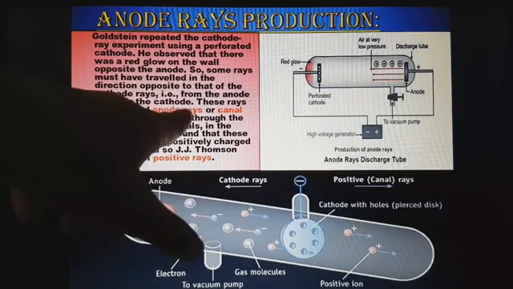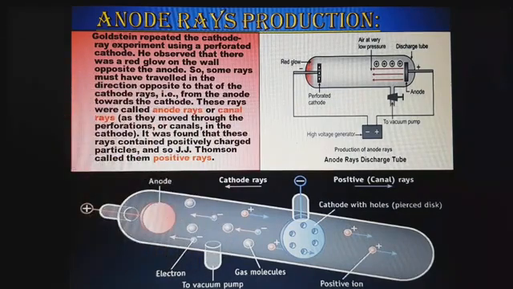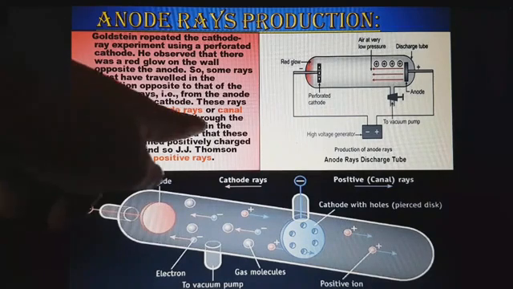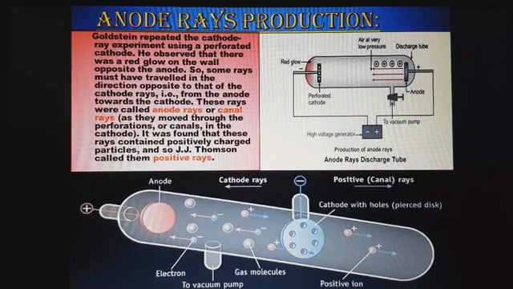These rays were called anode rays or canal rays. Why were they named canal rays? Because they were moving through the perforations, or you can say canals. So all these things I have already explained. It was found that these rays contain positively charged particles, and so J.J. Thomson called them positive rays.